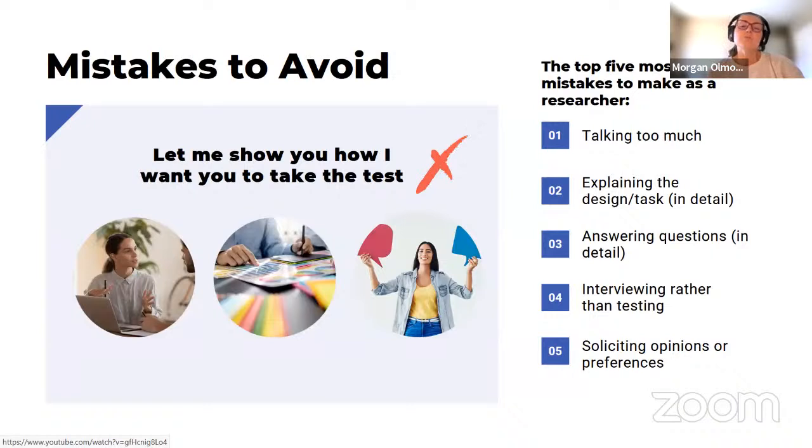But again, try to do your best to withhold from explaining exactly how to complete the task or the design, because that's not the objective. We want to test to make sure: is it actually easy to understand? Can this person complete what we want them to complete when they come to our website or our application or whatever it may be?